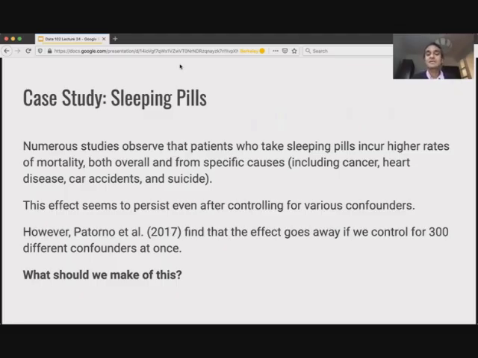And even if you control for some confounders, that effect tends to persist. And then there's this 2017 study that says, okay, let's control for 300 different confounders all at once. And in that study, they found that if you control for all 300 confounders, then the effect goes away. There's no effect of sleeping pills on mortality.